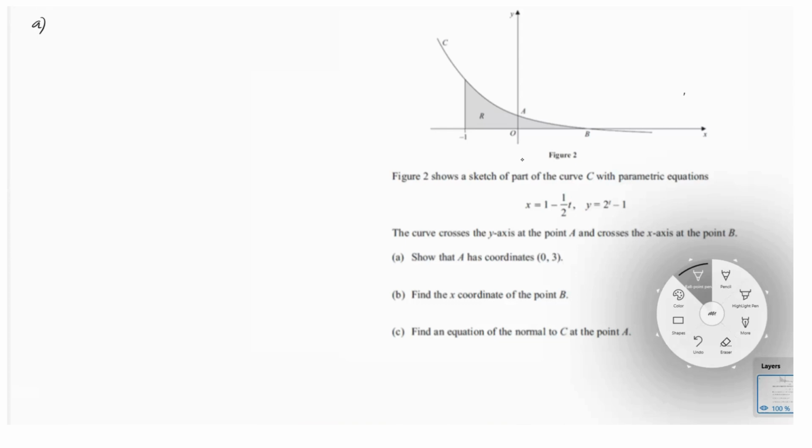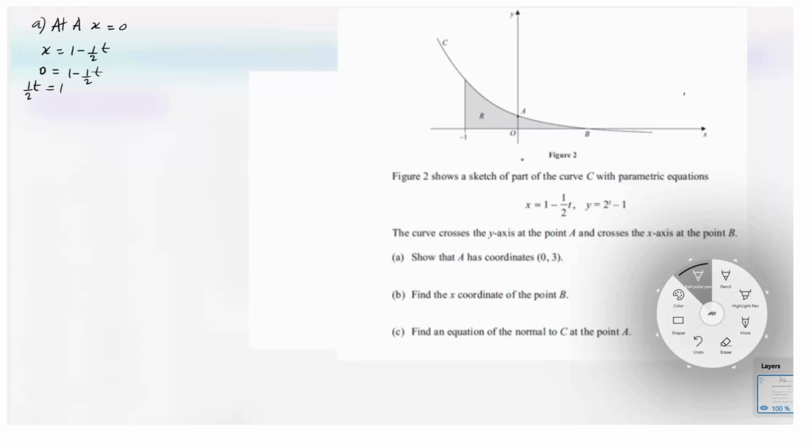So at the point A here, the x value would equal to 0. So let's write at A, x equals 0. You are given the parametric equation x, so we have x as 1 minus a half t. So let's equate this to 0 and find the value of t. Let us add a half t both sides.